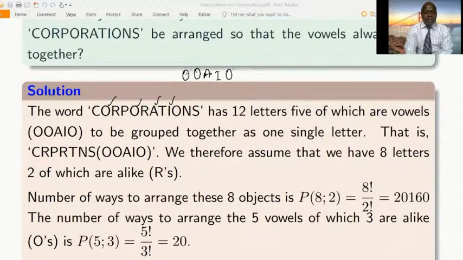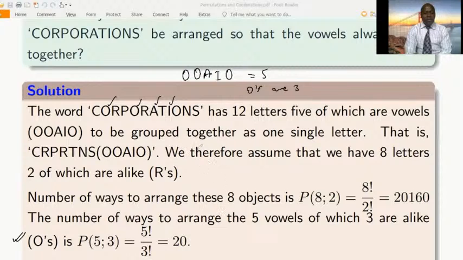How many vowels are these? These are 1, 2, 3, 4, 5. These are 5 vowels. But of these 5 vowels, O's are 3. They are similar. So that means, and that's what I've done here, the permutation among the vowels will be the permutation of 5 objects where 3 are similar, and that will be 5 factorial over 3 factorial, which is 20.